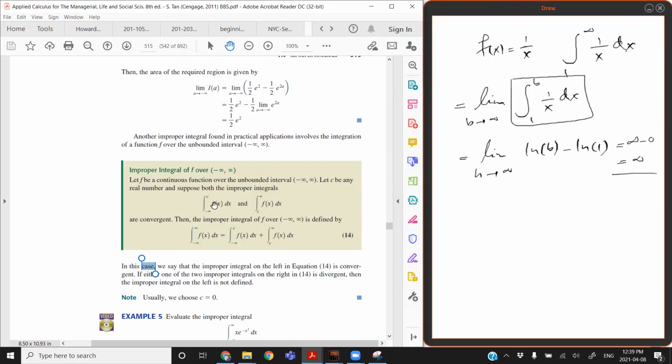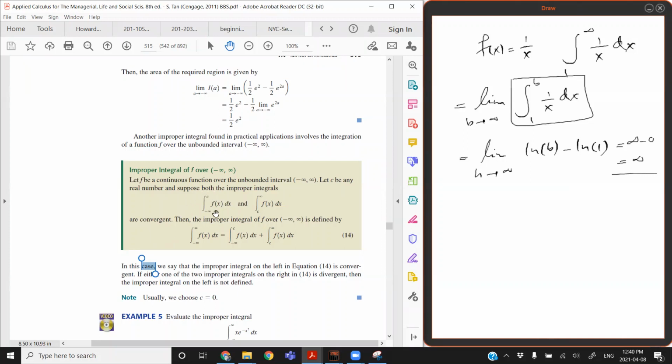So let's just read this quickly. Let f be a continuous function over the unbounded interval from negative infinity to infinity. Let c be any real number. And usually we take c to be 0, which makes things easier. Then suppose that this one and this one, both of them, are convergent.